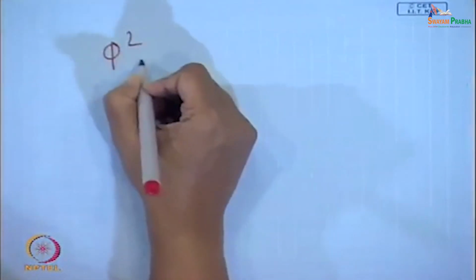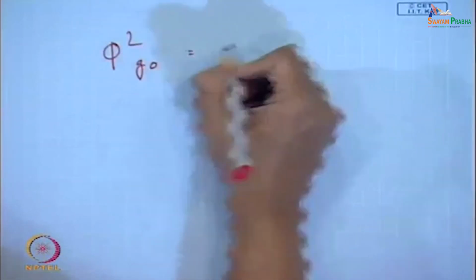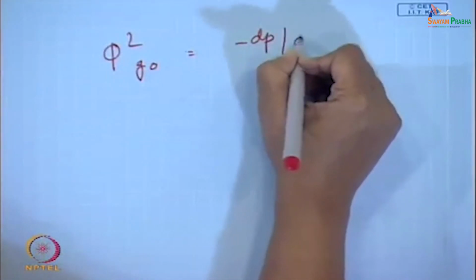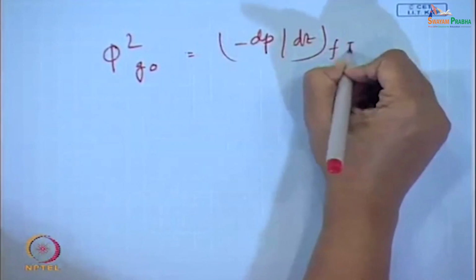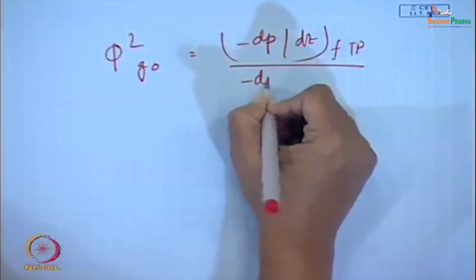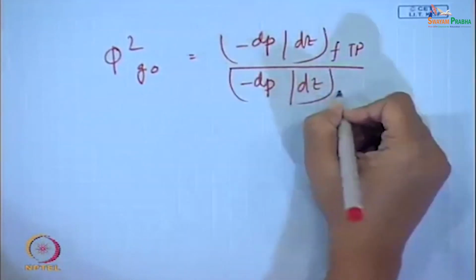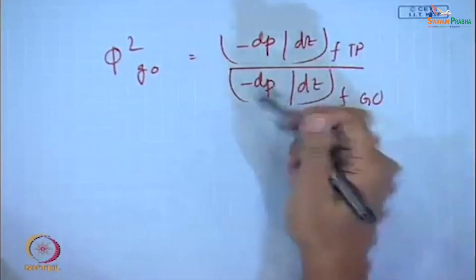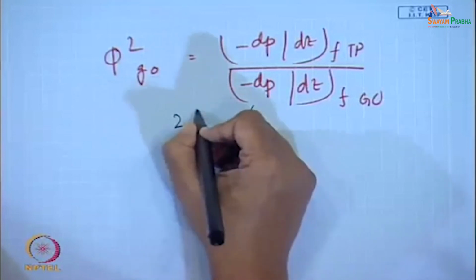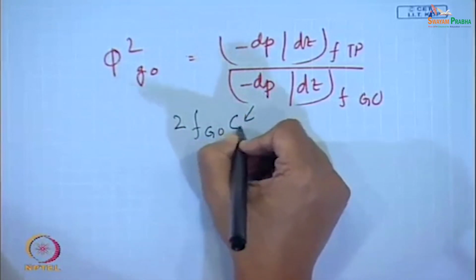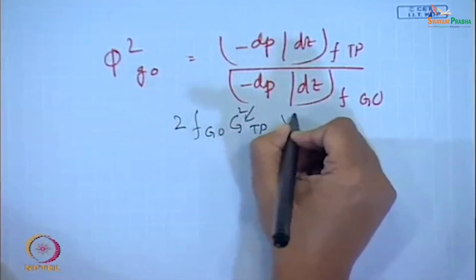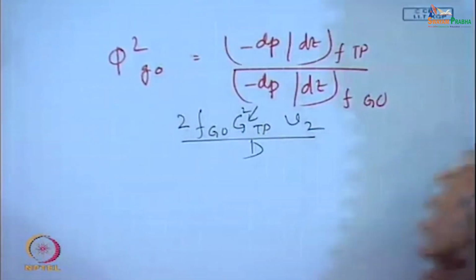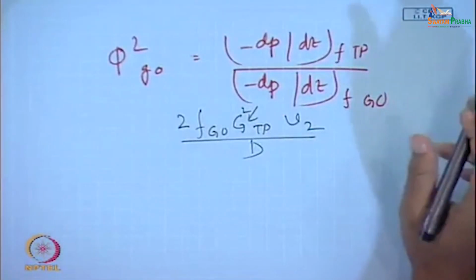Similarly, for gas flow rate, if you take phi square GO, this will be minus dP dz frictional two phase by minus dP dz frictional for gas only, where this term will be 2 f_GO G square v2 by D. Is it correct?